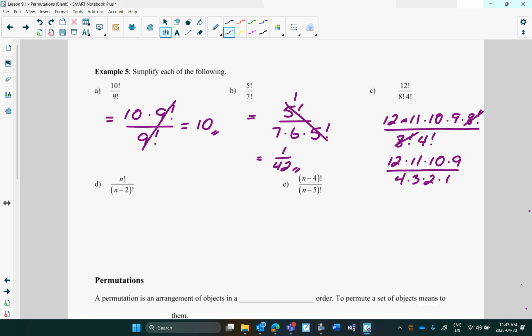I could do some more reducing. Or just, in this case, you wouldn't see a question like this with no calculator. So you could just multiply this, multiply that, divide by 24, and you get an answer of 495. But if you were asked to do that, that would be in the calculator section.